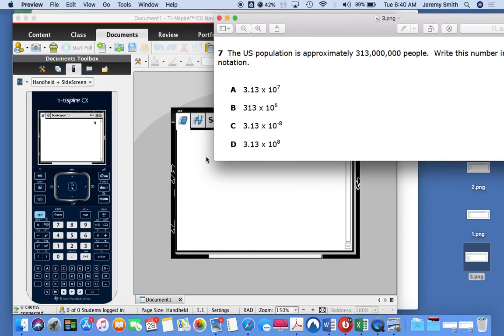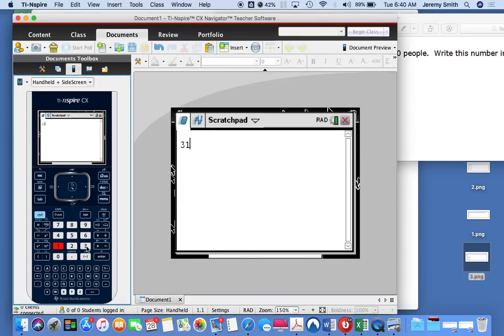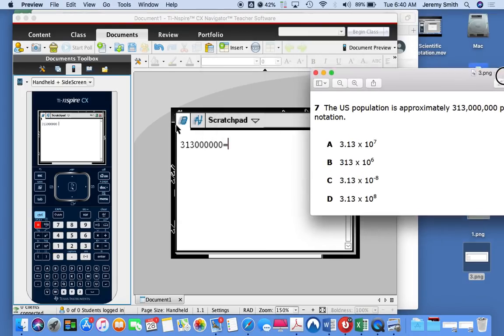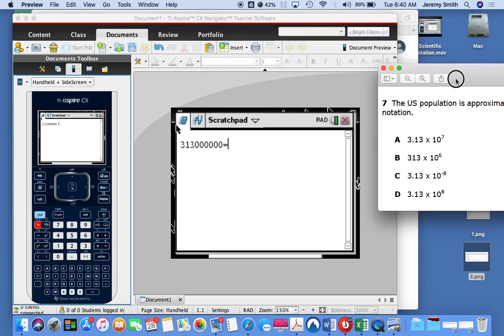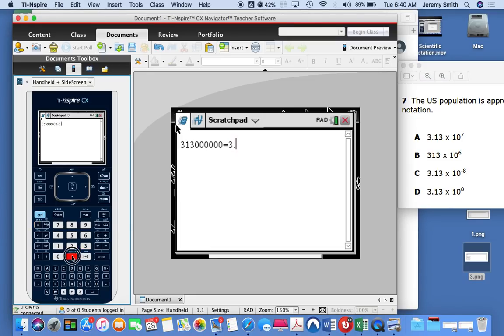All right, so let's start off by putting in 313 million. And when you put this in the calculator, you don't have to put the commas in there. No commas are needed. All right, equal to, let me compare it to A. So that's 3.13 times 10 to the 7th power.